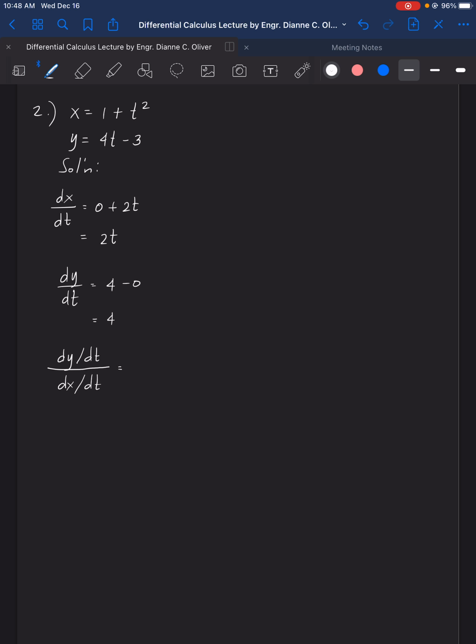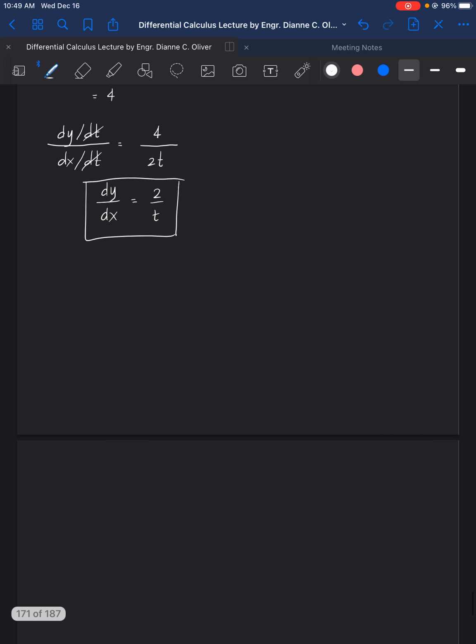So the value for dy over dt here is 4, and the value for dx over dt here is 2t. Finally, we can cancel out dt here. What's left is dy over dx. So this becomes 2 over t.